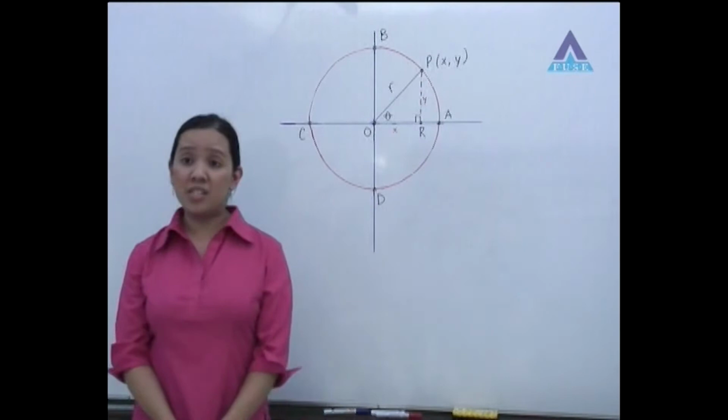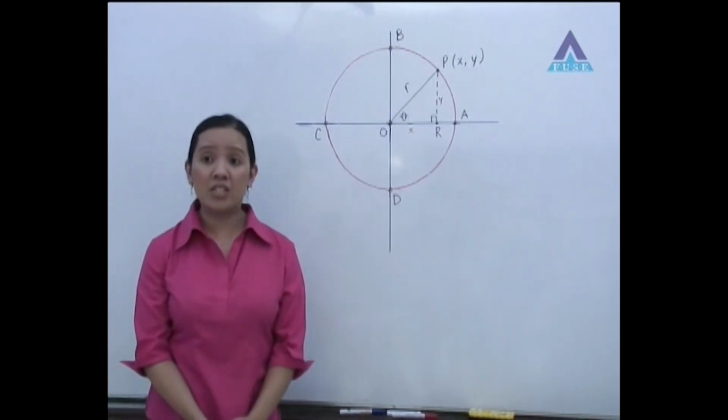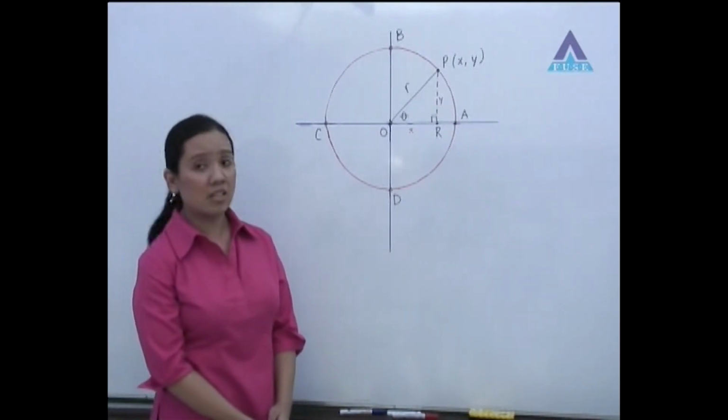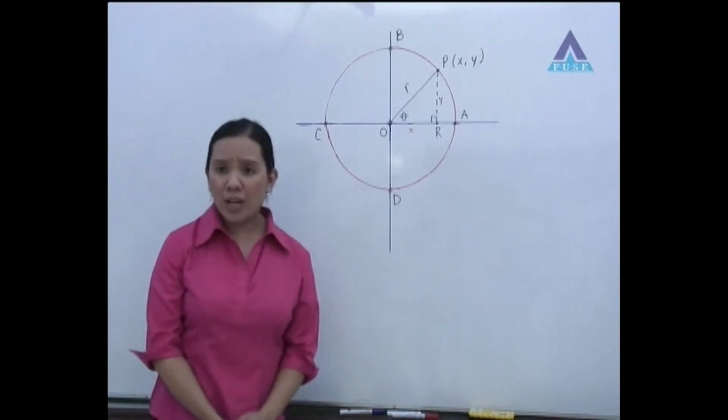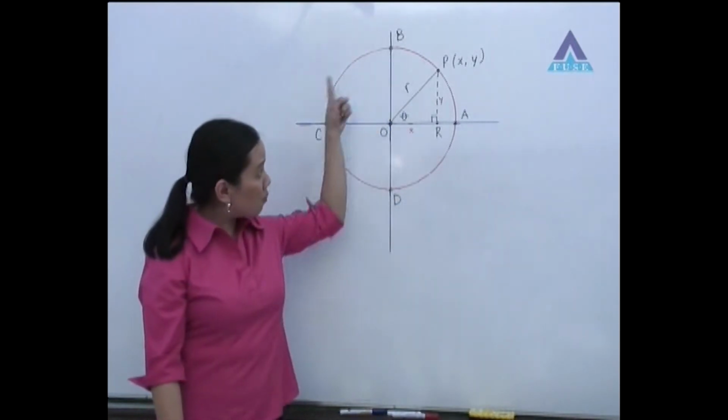If you notice, it is easier to identify the coordinates of the points on the coordinate axis. However, how can we find the coordinates of the rest of the points on the circle?